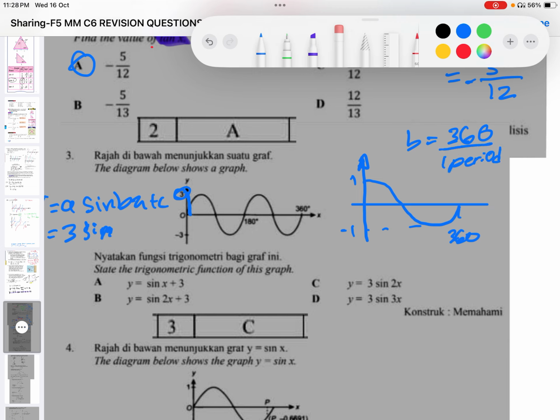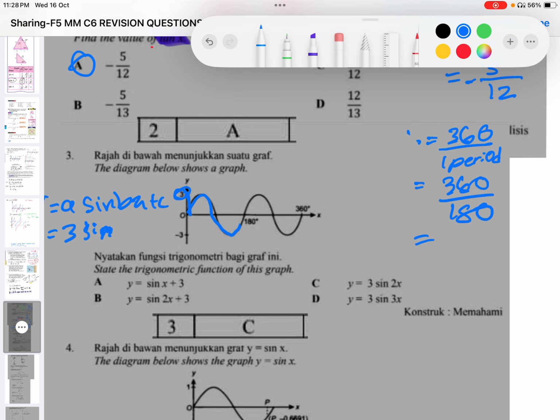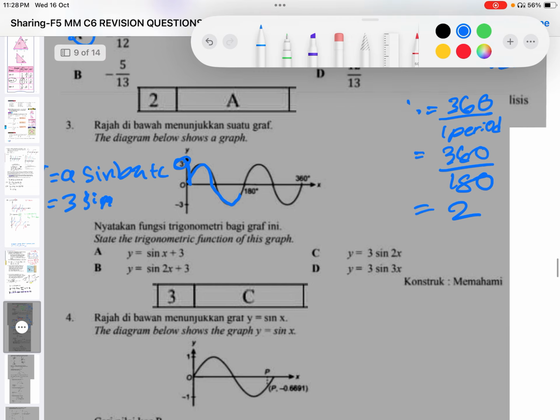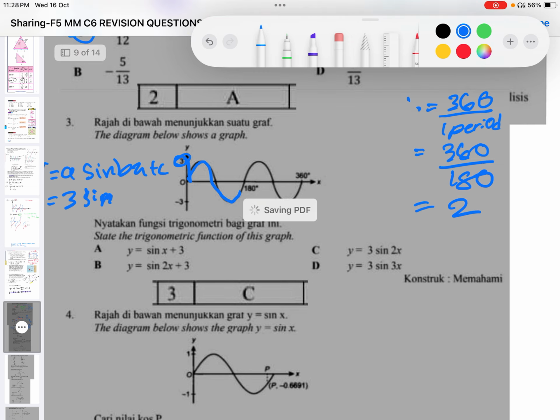So how do I determine the first cycle period? This is one sine graph. When that point finishes, that is the period of the first cycle, which is 180, so 360 over 180, which is going to be 2. So b is equal to 2.